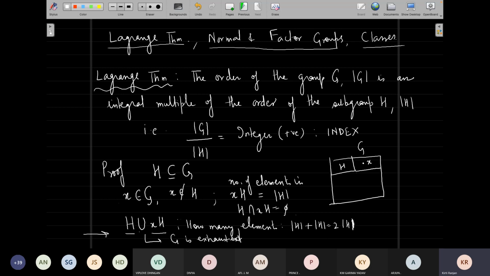There will be 2 times mod H elements in this group G. In case G is not exhausted, then what will happen?